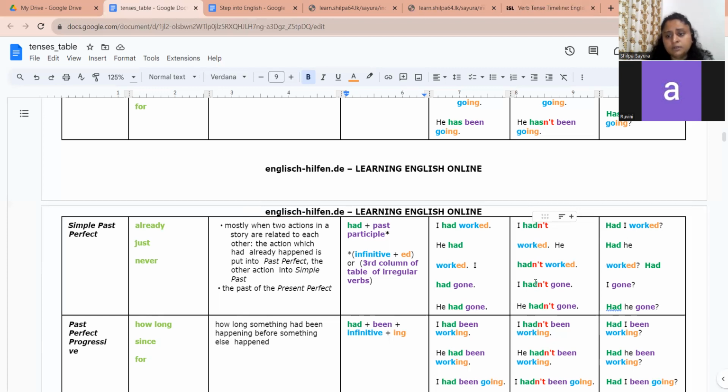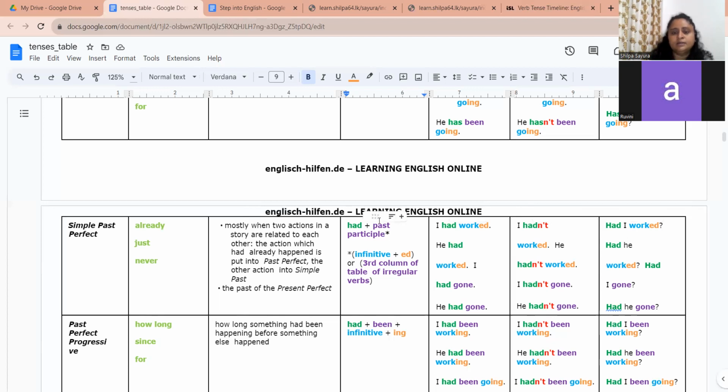Had he worked? So here you see the beauty of the past tense: unlike the simple present tense, based on first person, second person or third person, singular or plural, it doesn't change its form. It is always had.